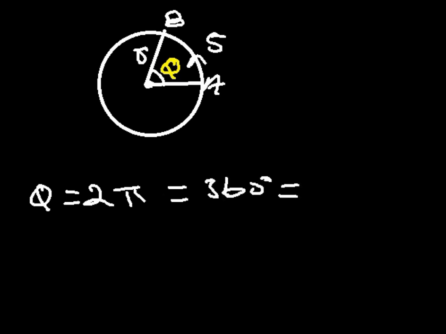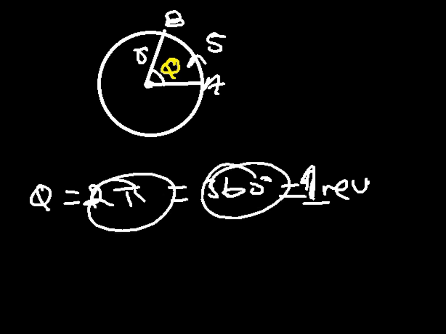Also, since the object has completed one turn, there is one revolution. So the angular displacement can be expressed in radians, degrees, as well as revolutions. So bear that in mind.